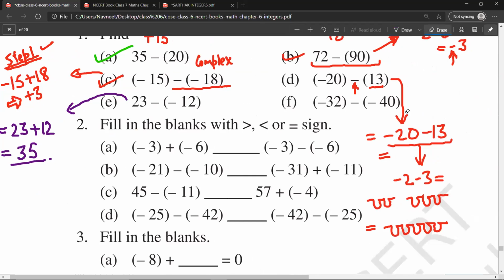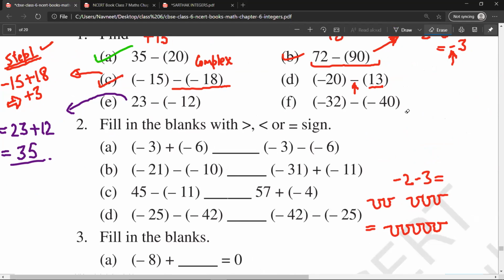When you start doing these questions, there is a confusion in the beginning. But what I have seen is that whenever I take the example of mountains and valleys, if I make a small example of my own, usually the confusion goes away.